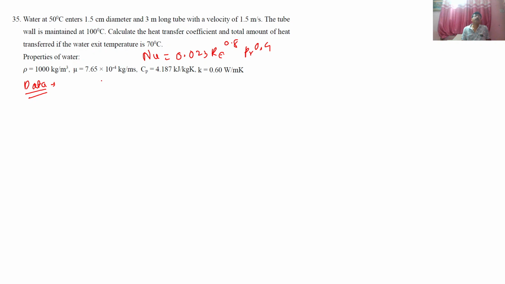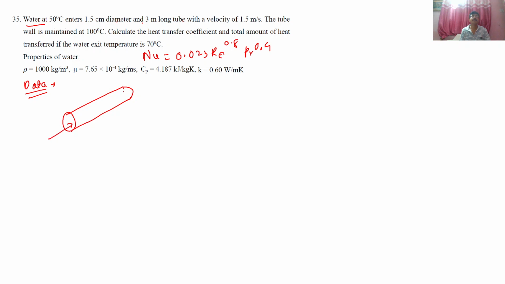Now, water at 50 degrees Celsius. The fluid is water. At 50 degrees Celsius, it enters a 1.5 centimeter diameter and 3 meter long tube. So it enters through the tube, meaning it is again a channel flow or duct flow, and the duct is of circular cross section, meaning it's a tube.